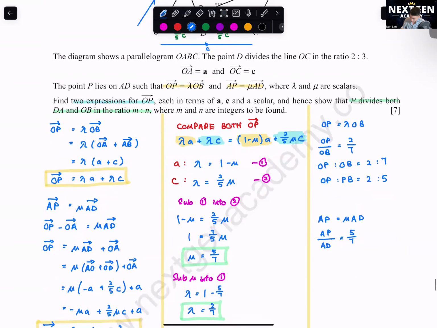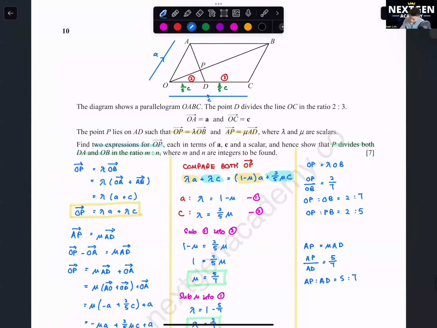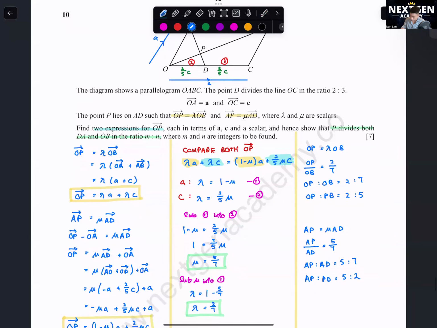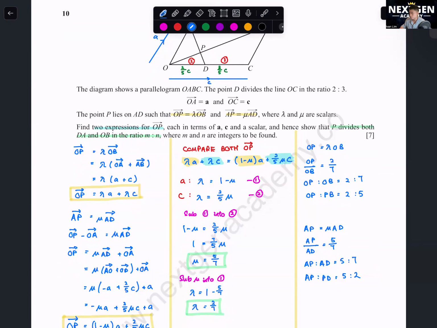Here AP to AD is equals to 5 to 7. So this one is 5 parts, this one is 2 parts. So AP to PD is 5 to 2. You change the position of it, which is DP to PA equals to 2 to 5, which is equals to OP to PB.